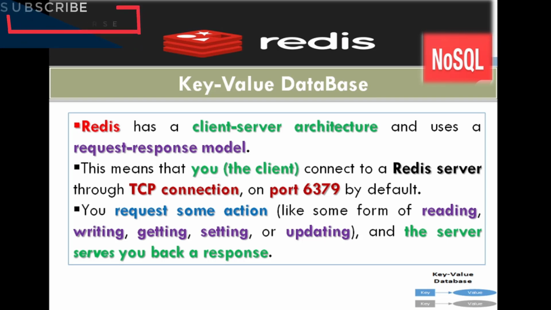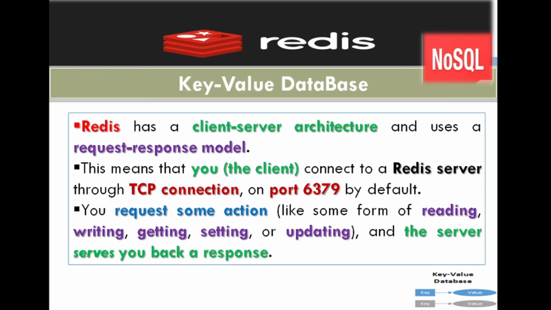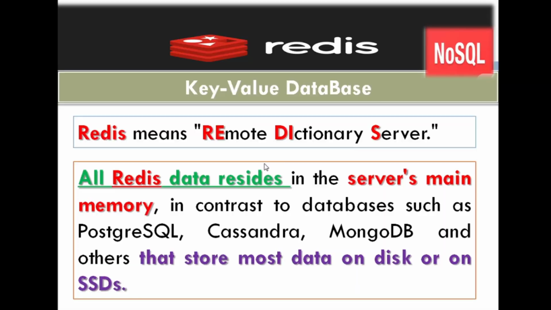You request some action from Redis, like reading, writing, getting, setting, or updating data, and the server serves you back a response. Redis means remote dictionary server.